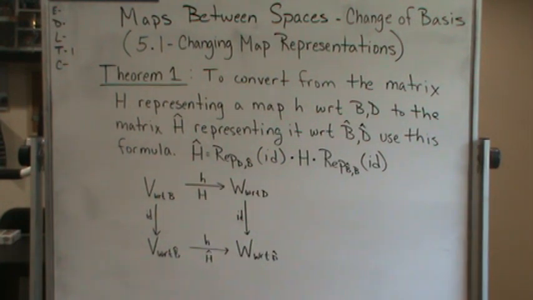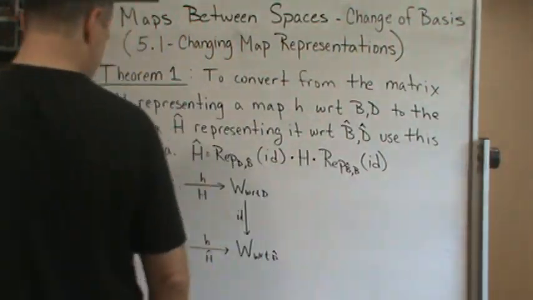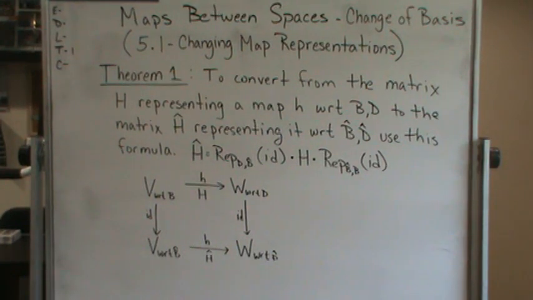And so in this example, we're converting from the representation B, D of h to the representation B hat, D hat of h. And so that's where this diagram comes from.